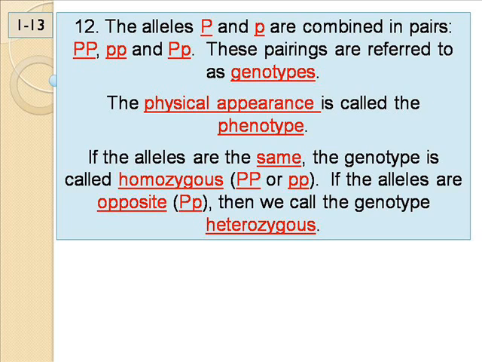The genotype is asking you, what kind of letters, what kind of genes are in there? Is it two big P's? Two small p's? Is it one each? That's genotype. Now I can tell you, if these alleles are the same, like this condition, they're homozygous. But if they're opposite, they're heterozygous.